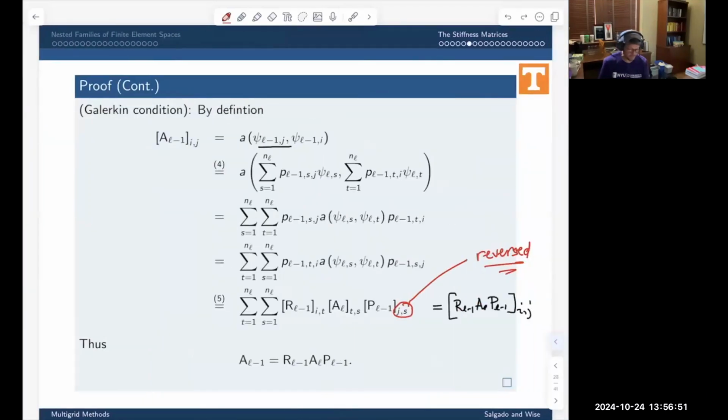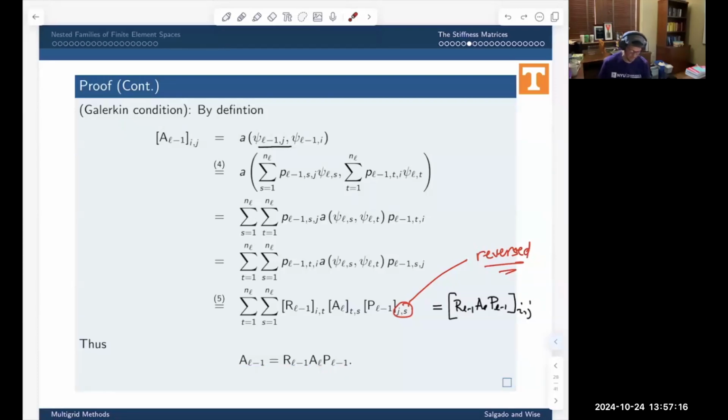Well, if it really satisfies the Galerkin condition, the only way I could satisfy it and have these two matrices both be symmetric positive definite is if these pre-multiplier and post-multiplier matrices are also full rank.